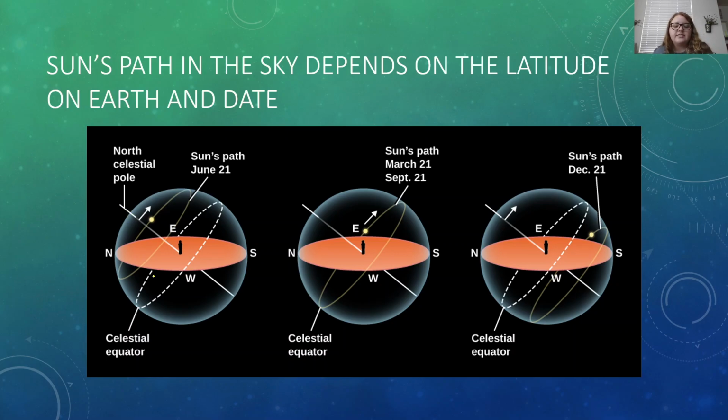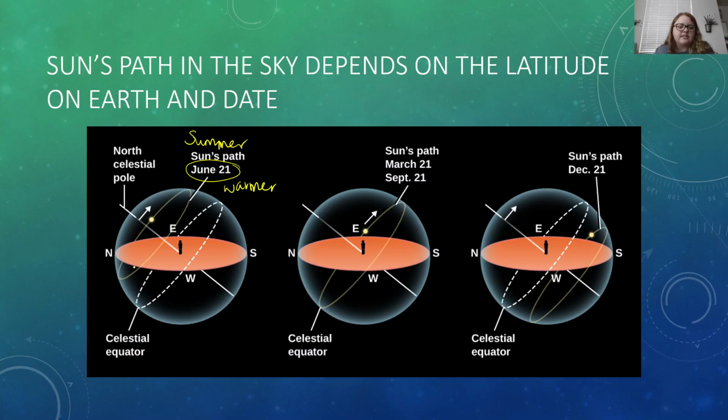Okay, so during the day, in June, this is summer, right, for us. This is where we have warmer weather. I'll put that. So we have quite a bit of time where the sun is in the sky.